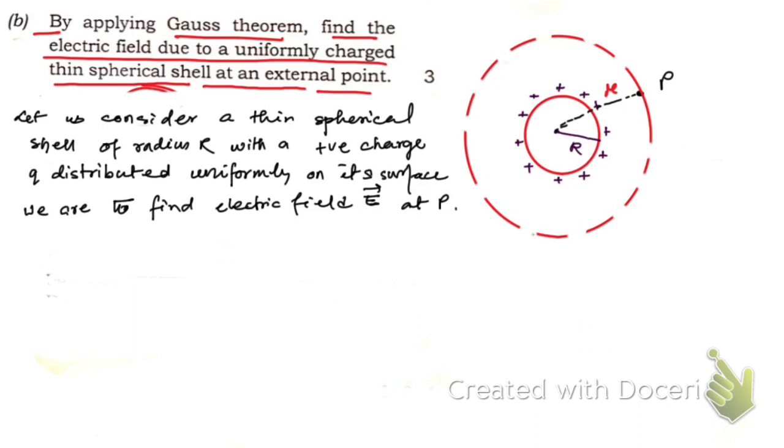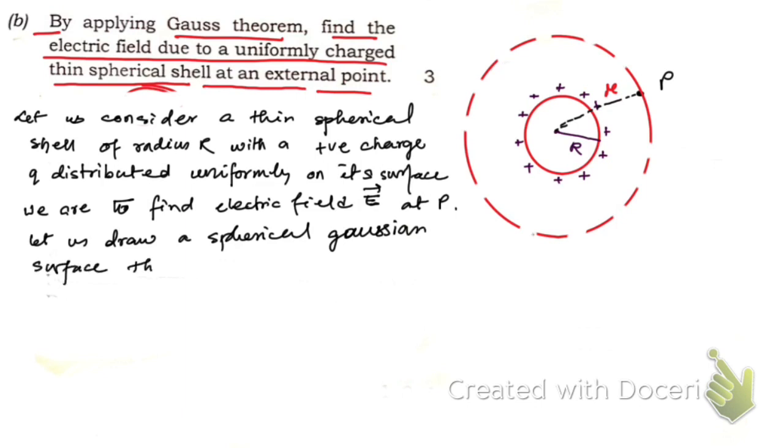So let us draw a spherical Gaussian surface through P of radius small r.